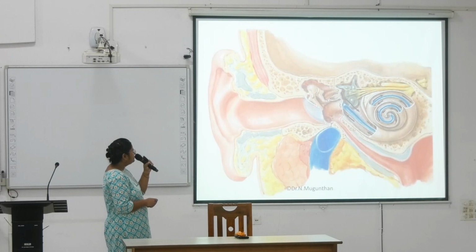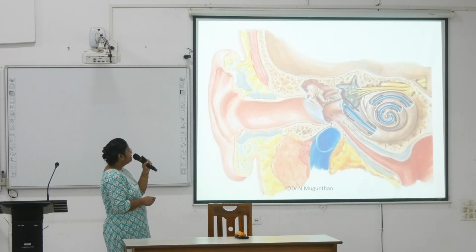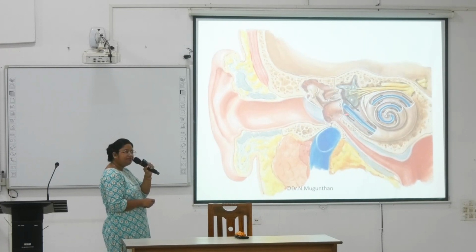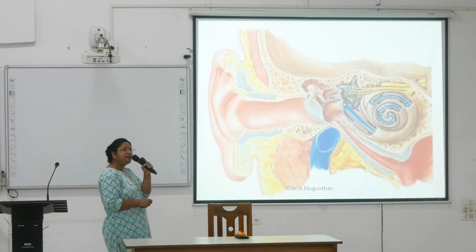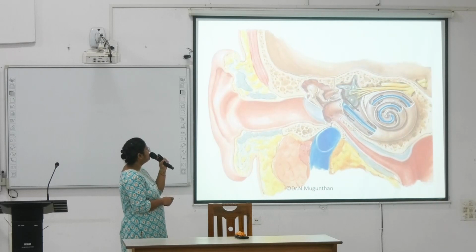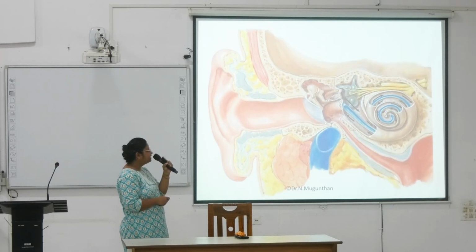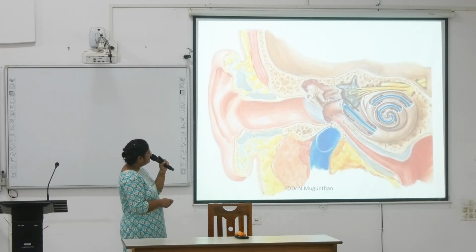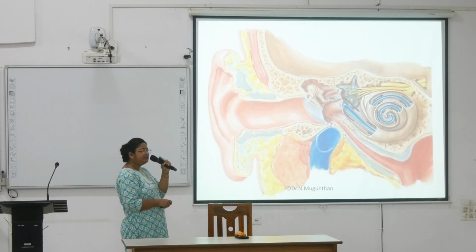Okay, and this point of attachment of the handle of the malleus with the tympanic membrane is known as the umbo. Okay, and these are the other walls: superior wall or roof, inferior wall or floor. There is also an anterior and posterior wall. And here you can see the auditory tube or Eustachian tube, which is connecting the middle ear with the pharynx.